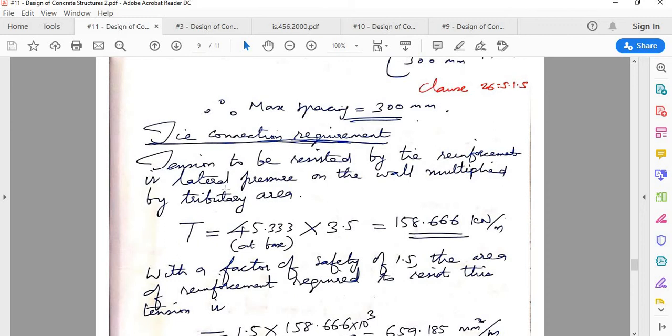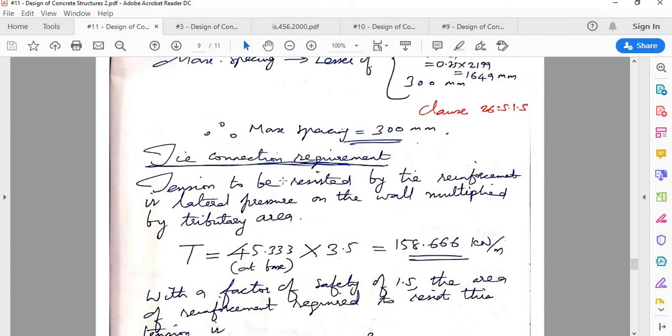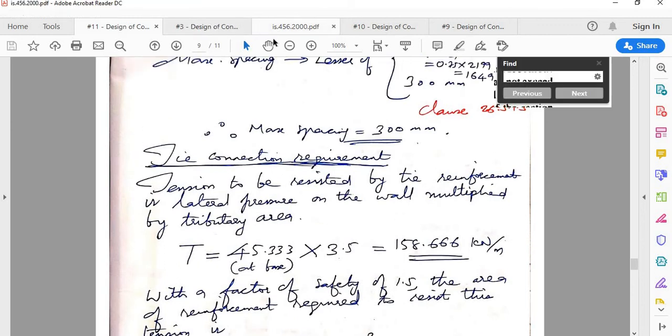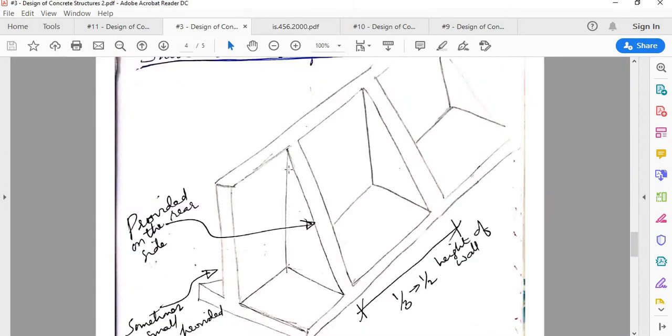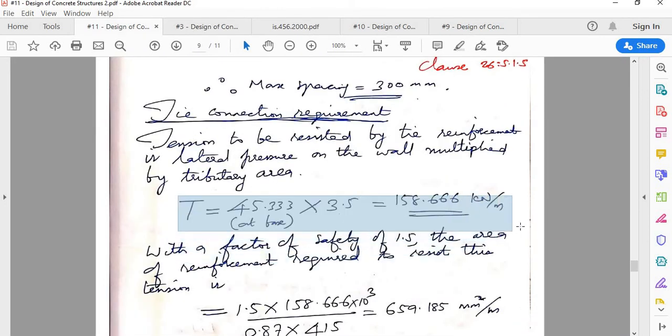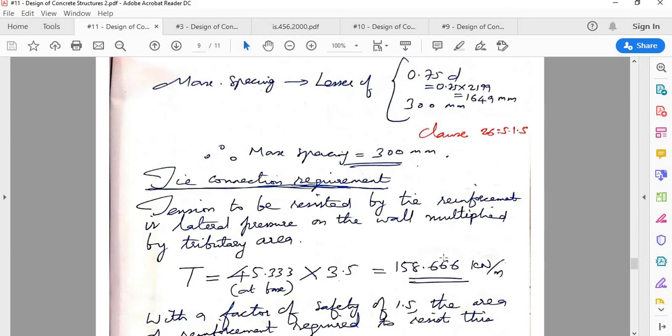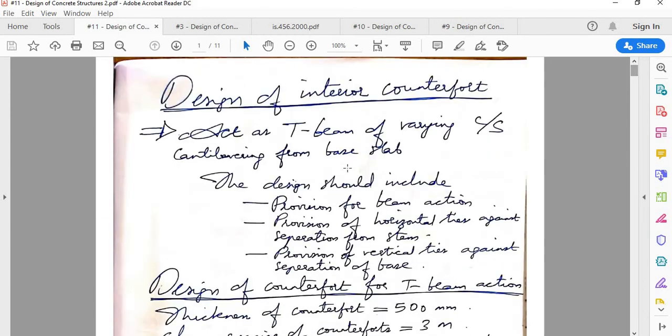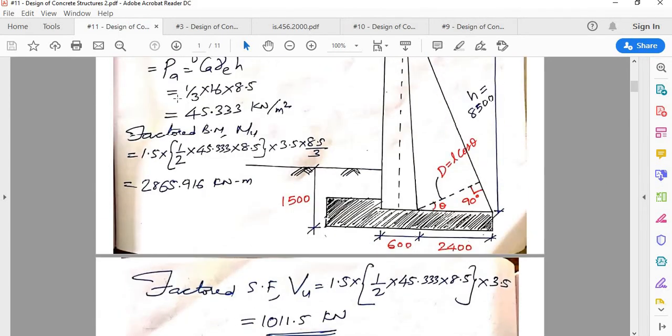Now you have to check the stirrup spacing for the tension between the interface of the vertical stem and counterfort. The tension you can easily calculate. This is the soil pressure at the base, which we had calculated earlier.